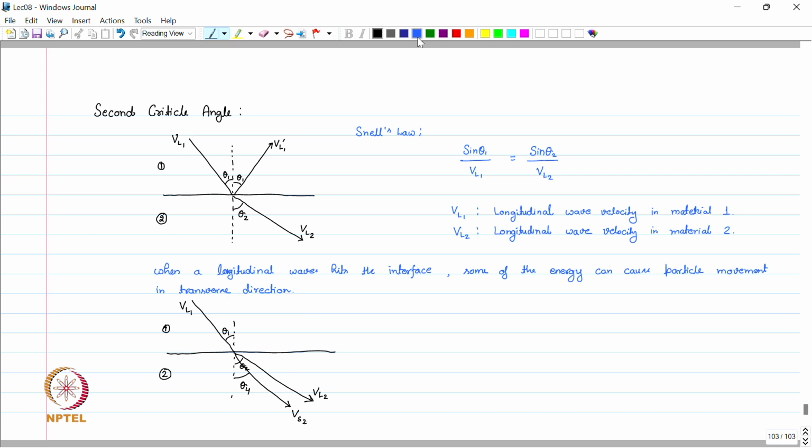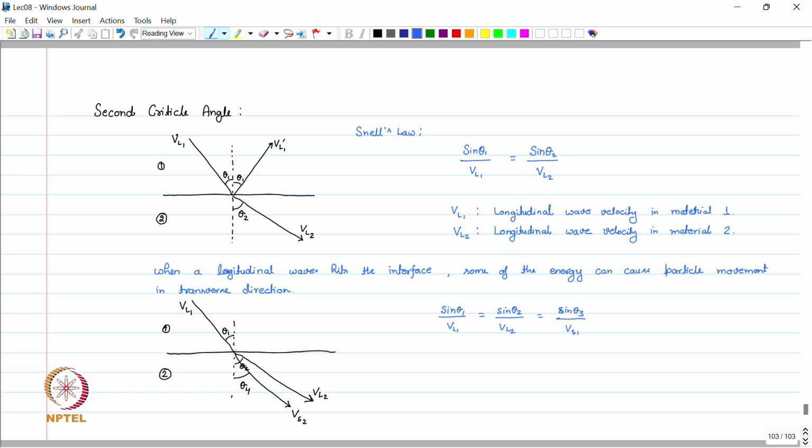We can write Snell's law here: sin theta 1 upon VL1 is equal to sin theta 2 upon VL2, equal to sin theta 3 upon Vs1.